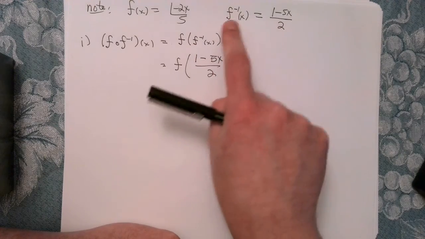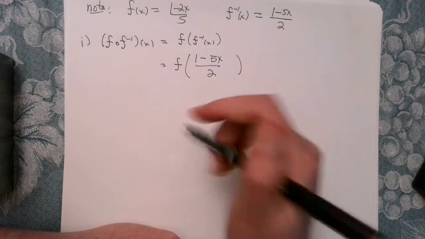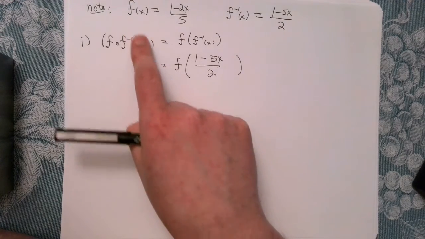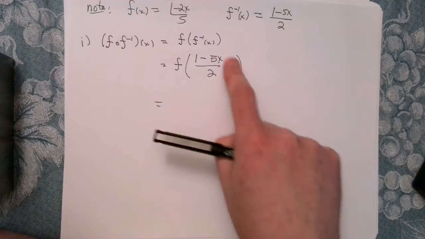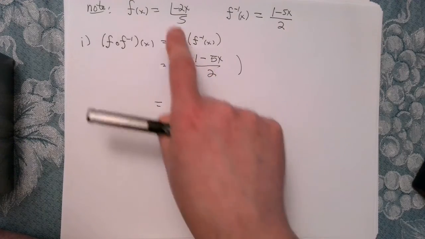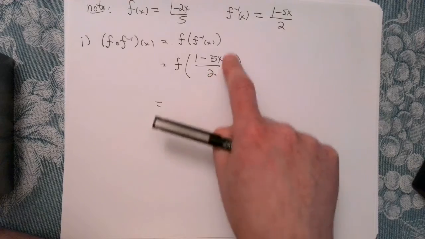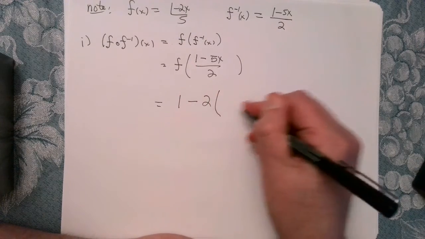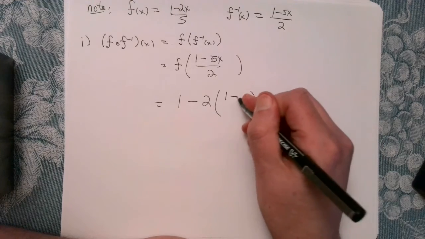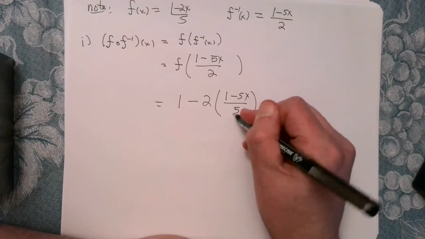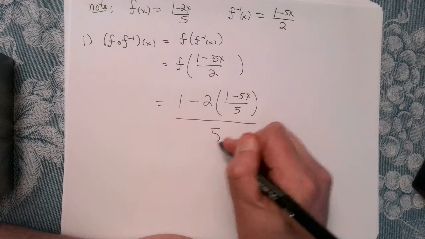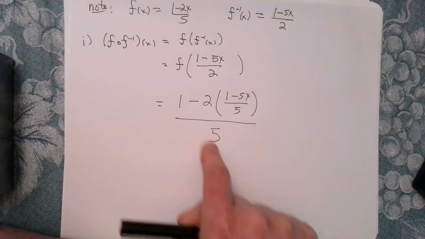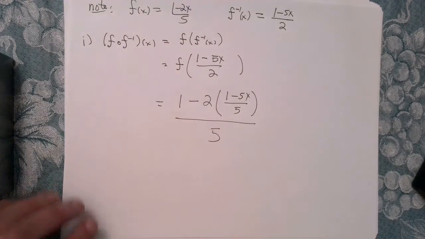How do I interpret this composition? Well, just go to f, and everywhere f has an x, I evaluate it at 1 minus 5x over 2. So there's an x right there, so I'm going to put a copy of this in for x. So that's 1 minus 2 times that whole quantity over 5. So this one in for x, everything else looks the same, 1 minus 2 and 5. Okay, we're going to work that out.